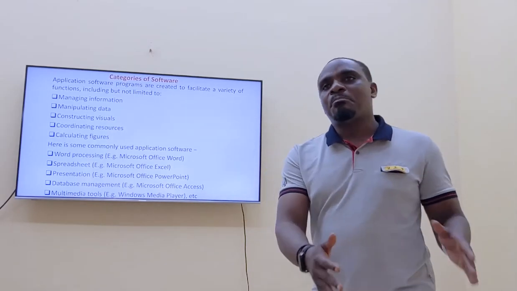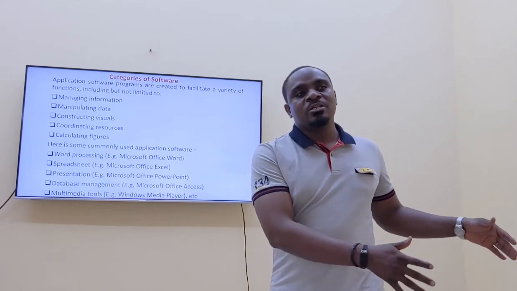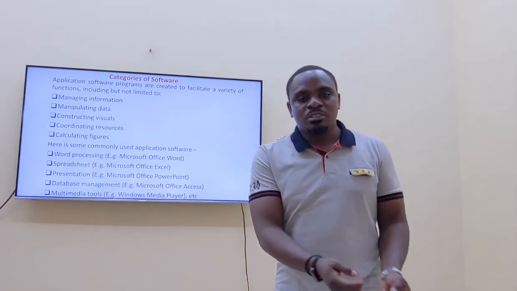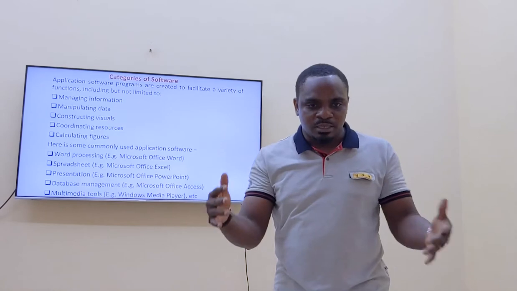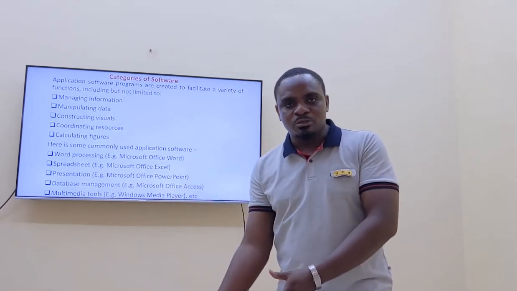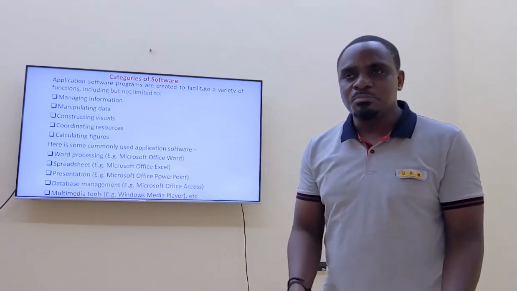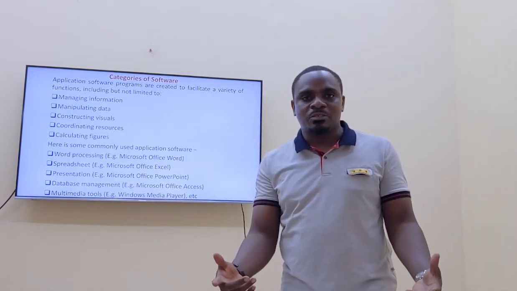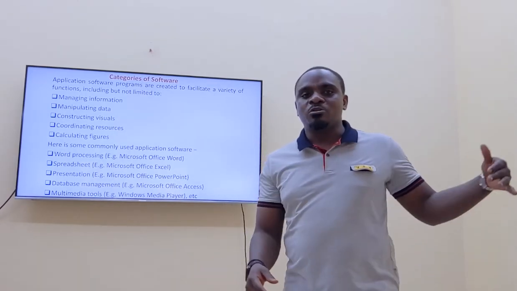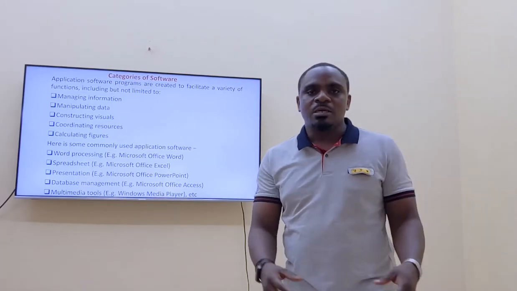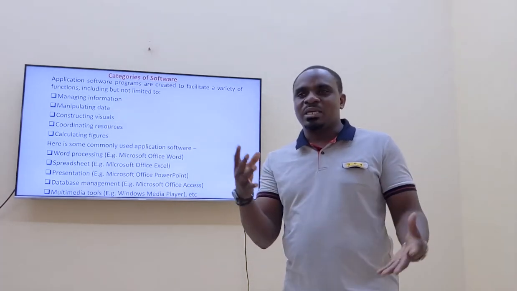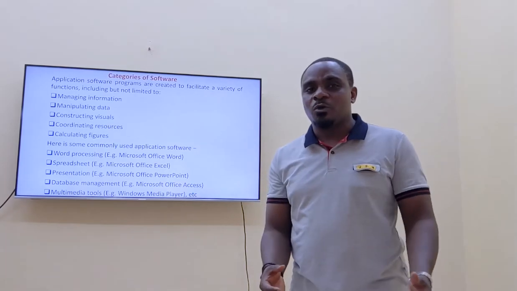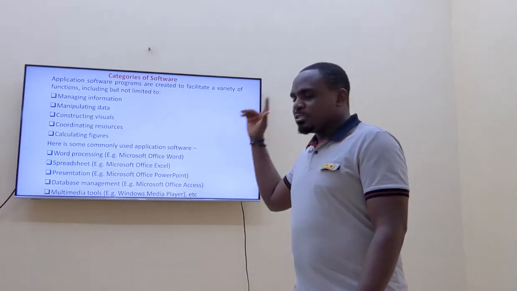The hardware part of the computer, which entails the screen, the CPU tower, the mouse, the keyboard, or a laptop that has everything encased in one piece, whatever hardware you use is also very important. But there is a brain behind every activity of the computer, which is the software.